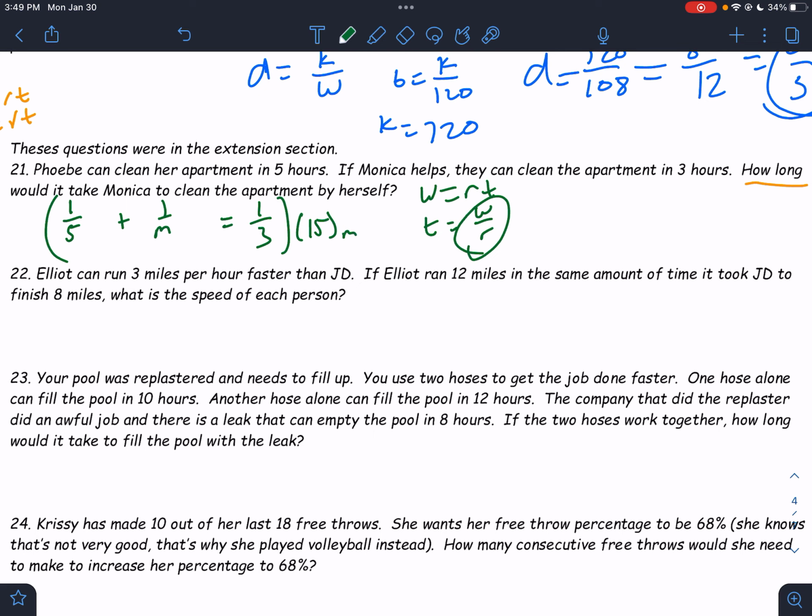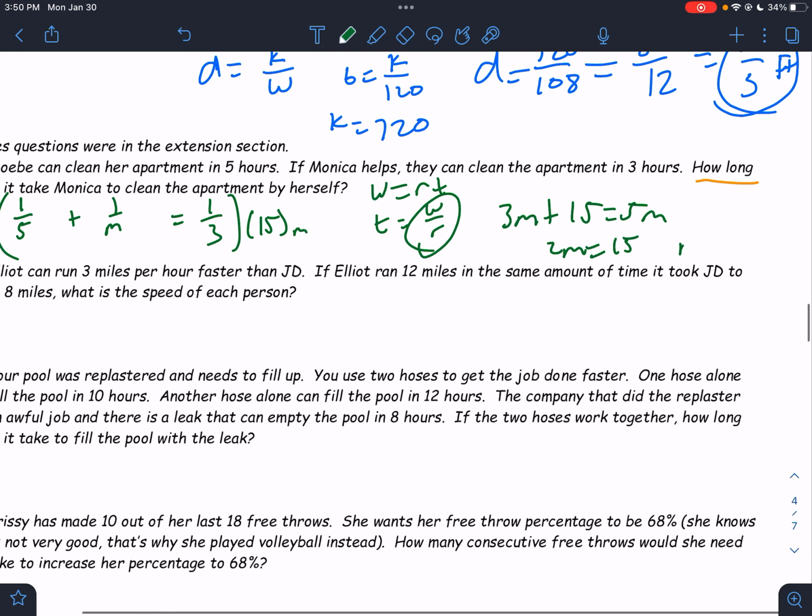So that would be 3m, the m's would cancel out, plus 15. And that would equal 5m. So 2m equals 15. So Monica's rate would equal 15 halves. Yes, that's it for sure. 1 job in every 5 hours plus 1 job unknown has to equal 1 job in every 3 hours.